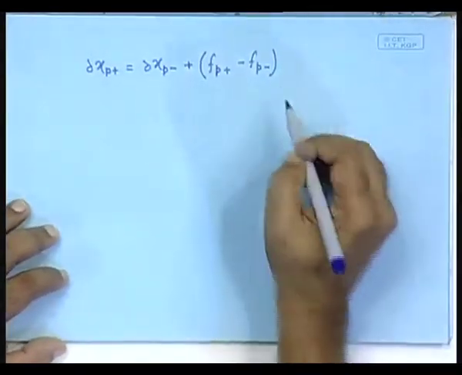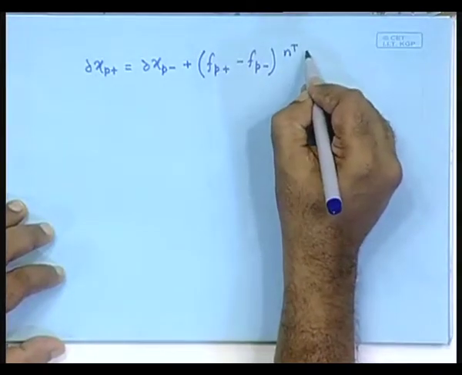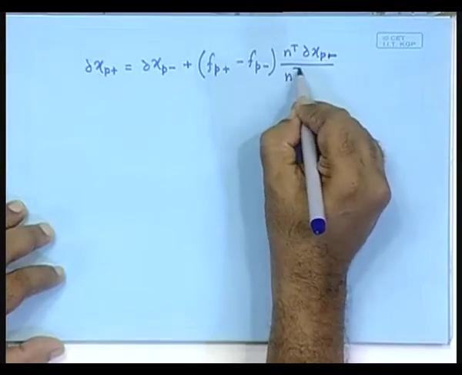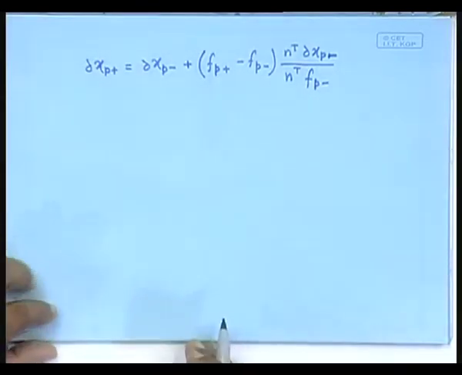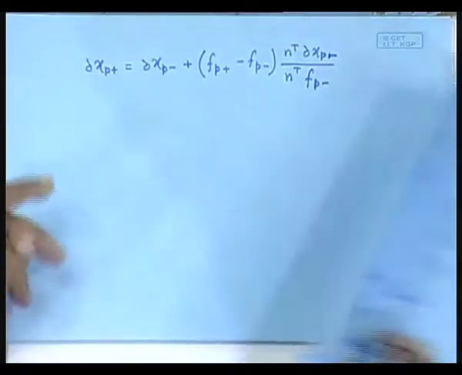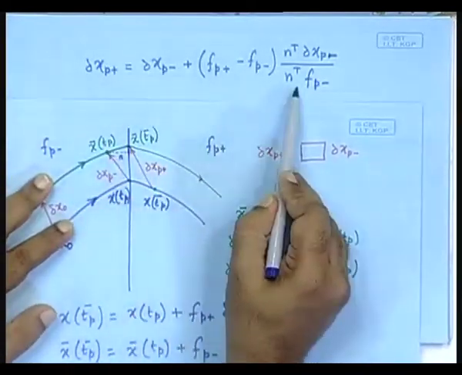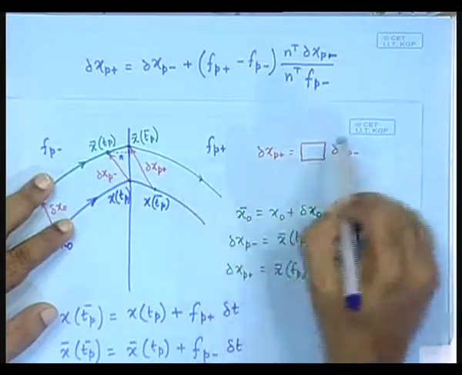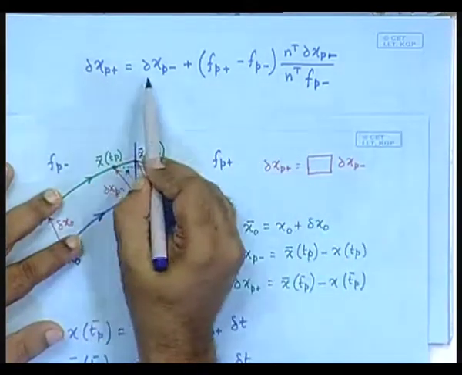So, this times n t delta x p minus divided by n t f p minus. Okay. Now, what are we driving at? Ultimately, we are driving at this, and you can see that we have it really. We are trying to find this, which is delta x p plus divided by delta x p minus. So, if I divide now both sides by delta x p minus, we have it.